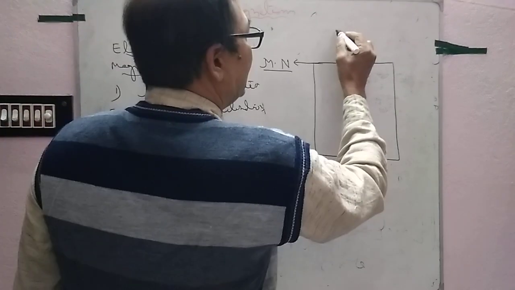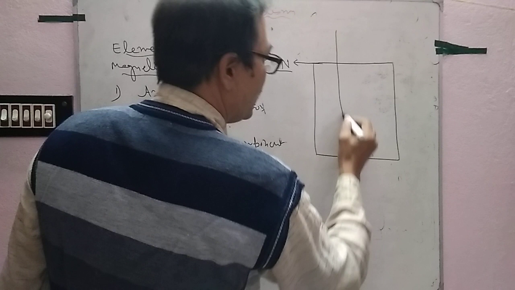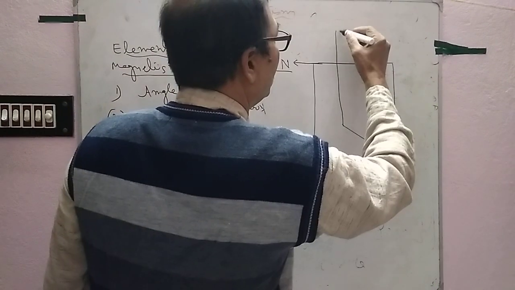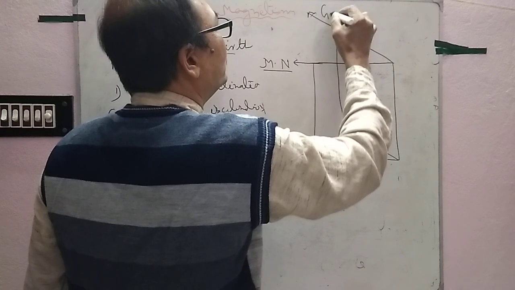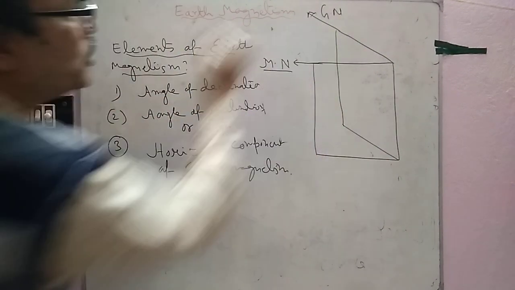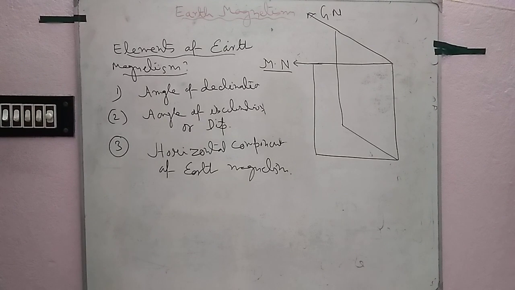And another plane, follow. This is geographic north, GN. This is geographic north and this is magnetic north. Clear?